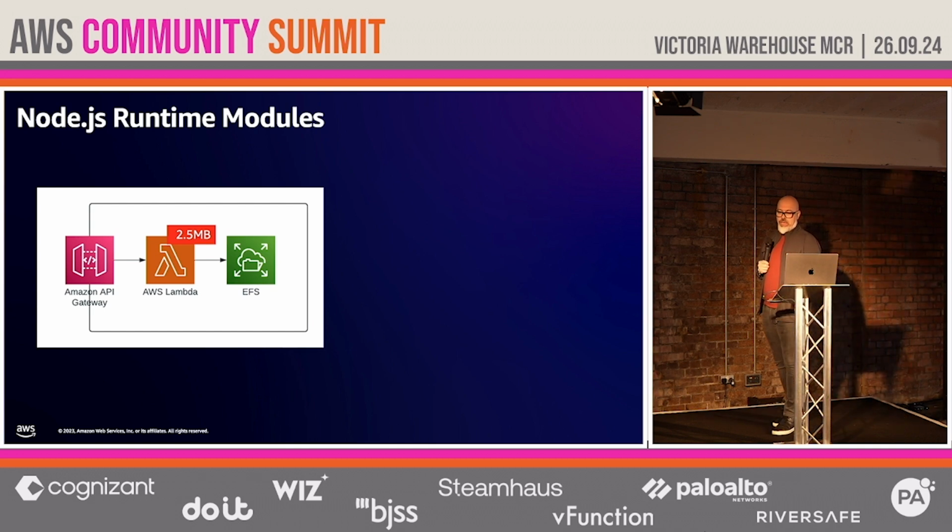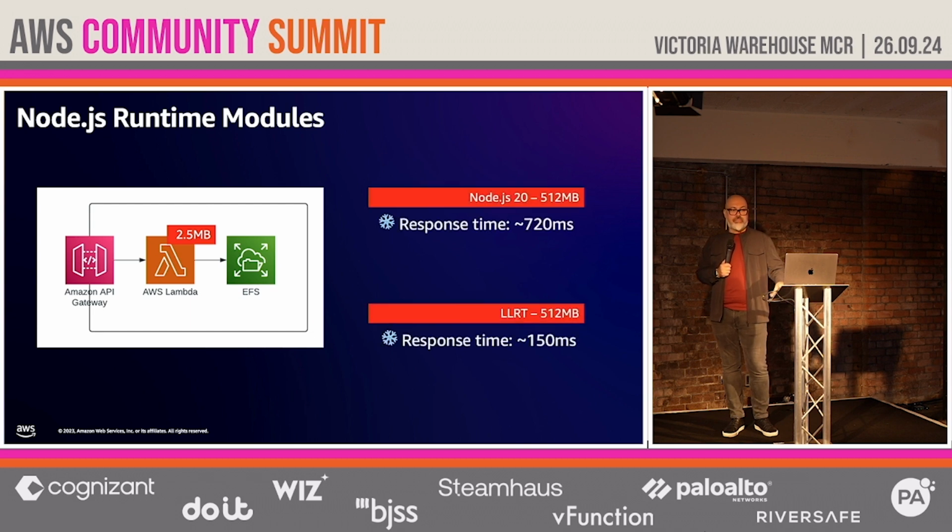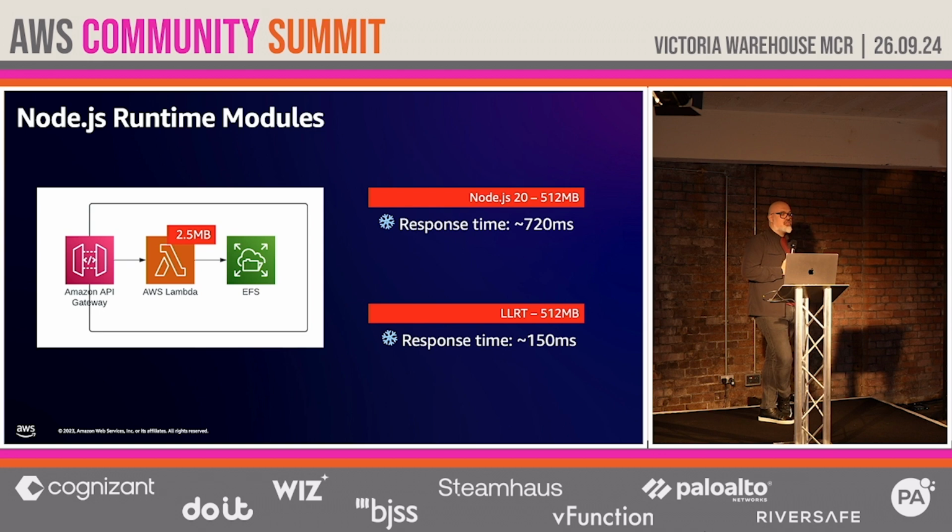What if I load that from EFS? EFS is a network file system that enables you to share files with all your Lambda functions. It's plugged into the Lambda function, and you can potentially load from there.